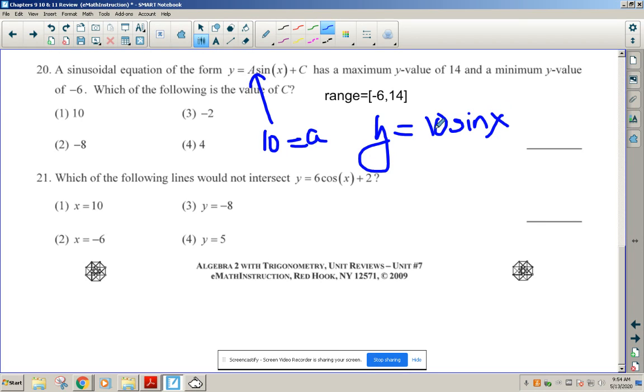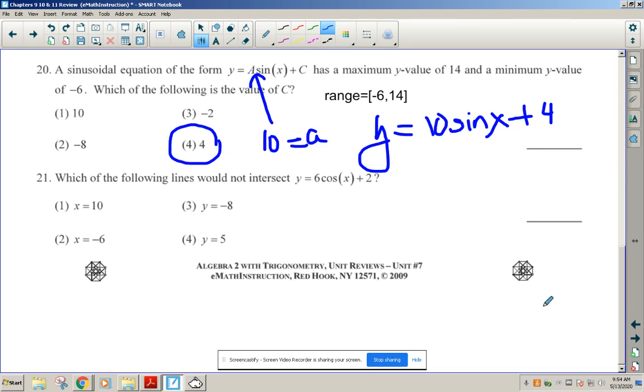What did I do to the sine if I oscillate up 10 to hit 14, and then from that midline I go down 10 to hit negative 6? That means I had to have a midline at 4, because that's how I get my range. Oscillating up 10, positive 10 plus the midline is 14, and going down 10, 4 minus 10 lands me at negative 6. So my midline is at 4.